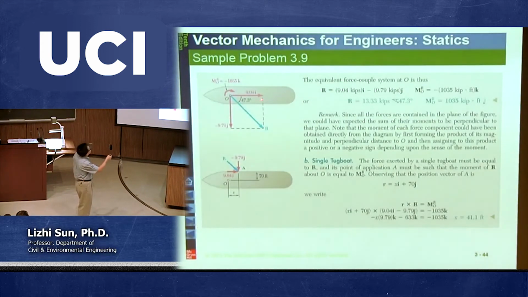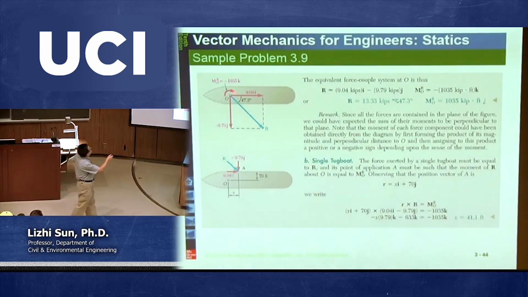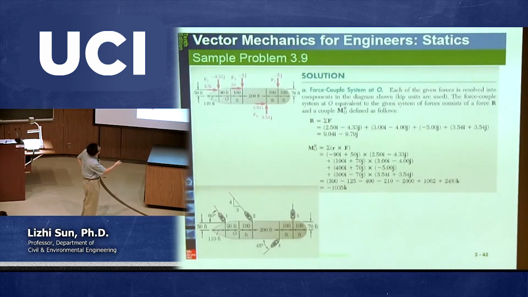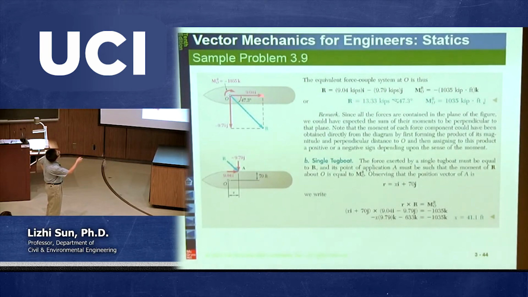At this point 0, we have a resultant force with 2 components, 9.04 and negative 9.79. The x component of the resultant force is 9.04 in this direction. The y component is 9.79 in the opposite j direction, which is why I have the negative sign here. This is called the resultant force.